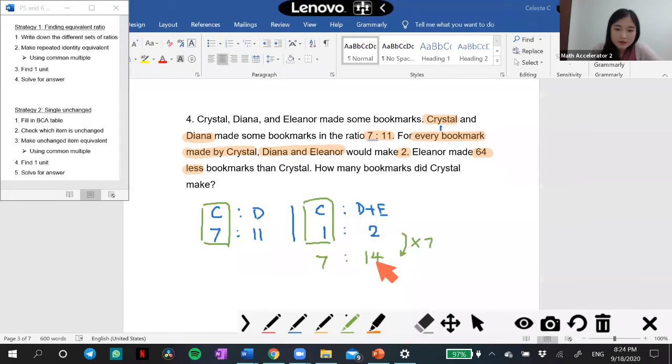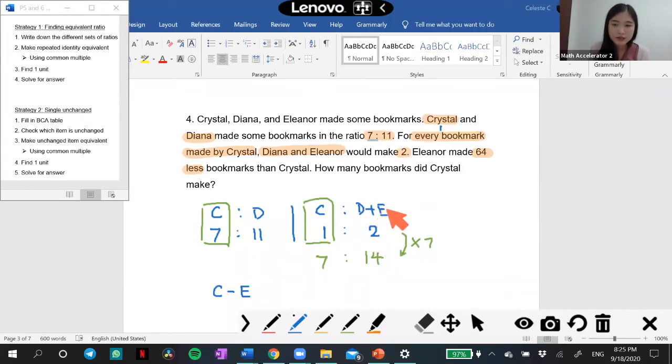Right. What's next? Okay, we know that Eleanor made 64 less bookmarks than Crystal. So we need to have the number of units for Crystal minus Eleanor. So we know Crystal has 7 units, but do we know the number of units for Eleanor? Okay, Shakira, 14 minus 11. Okay, great. Did everyone else see that?